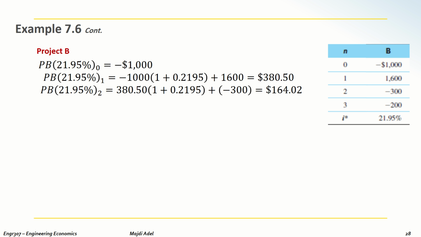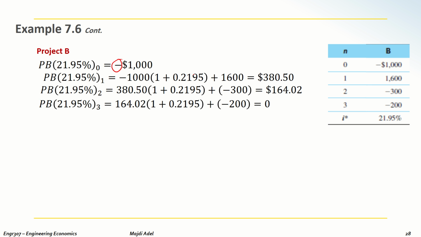The answer is positive 164. The third year should equal 0 because it's the terminal year. So it starts negative, but it changes its sign to positive. So this is a mixed investment. And if you examine the cash flow, it starts negative and changes the sign one time, two times. It is also a non-simple investment.